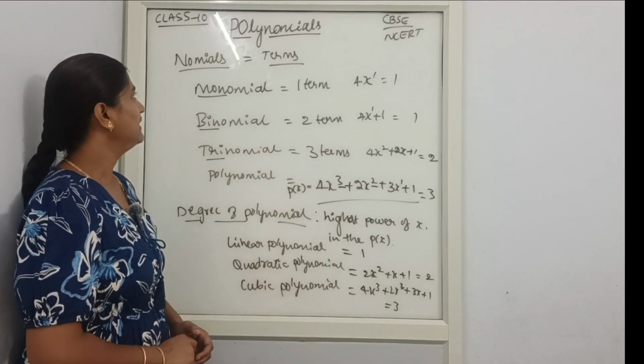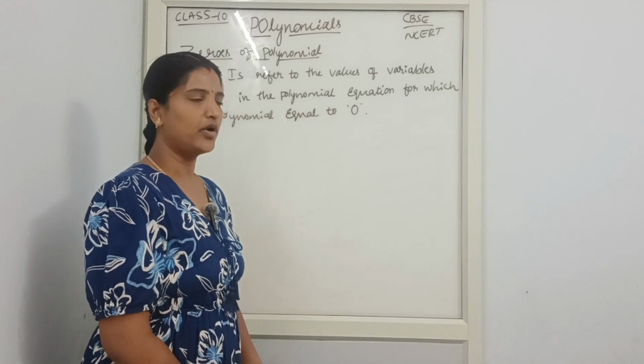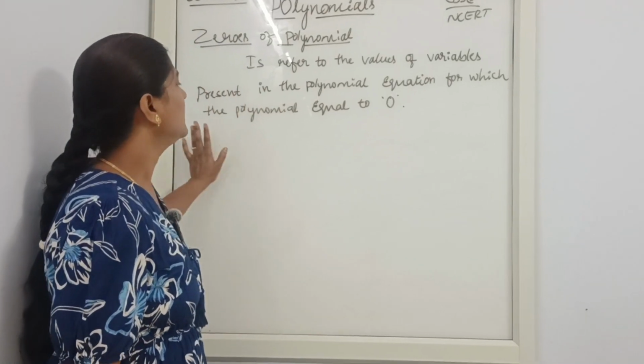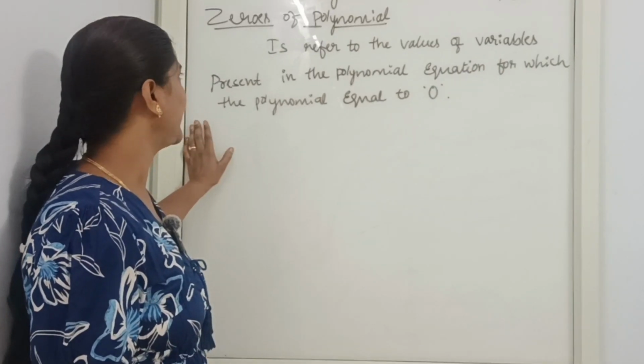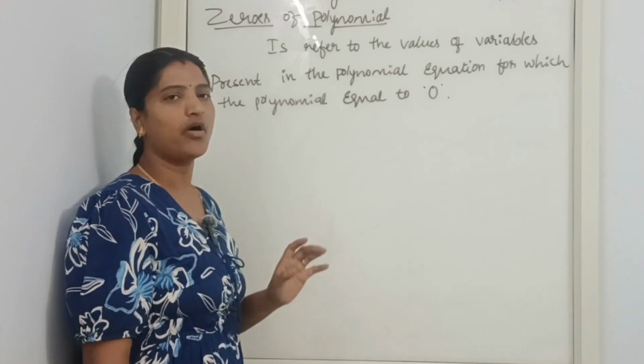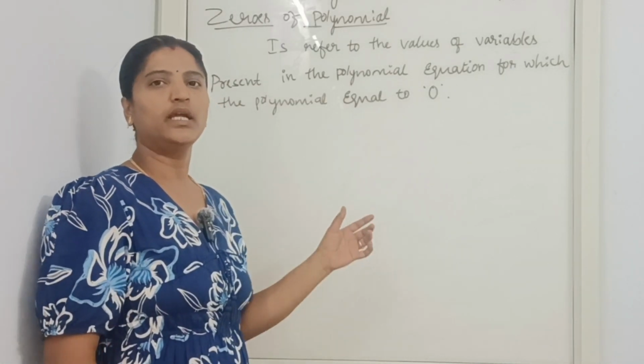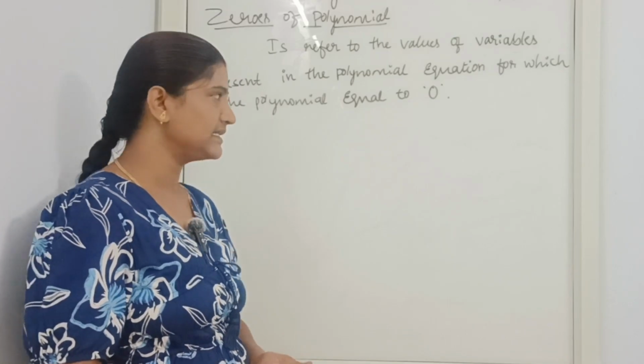Okay, and let us see the next, zeros of the polynomial. Zeros of a polynomial refers to the value of a variable present in the polynomial equation for which the polynomial is equal to 0. You will understand this meaning by doing an example.